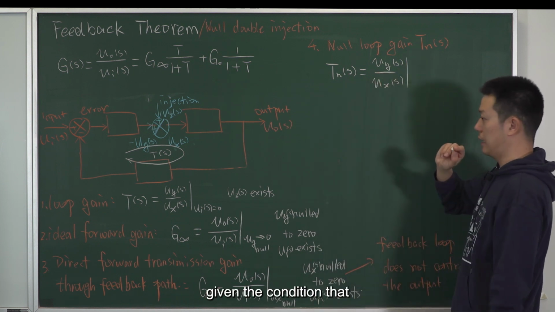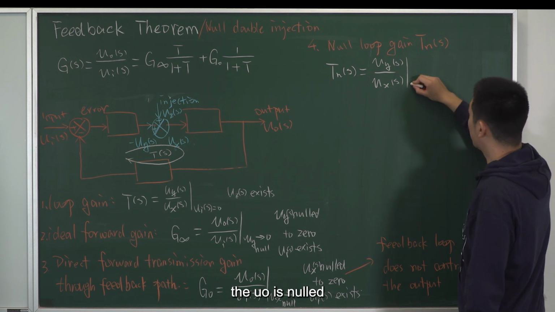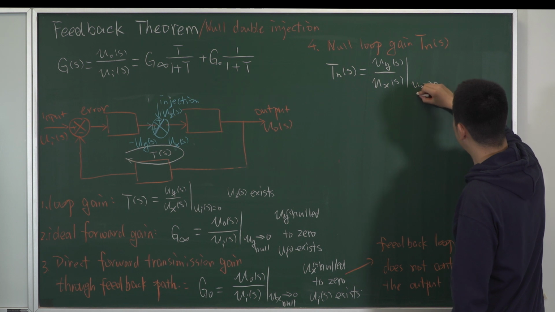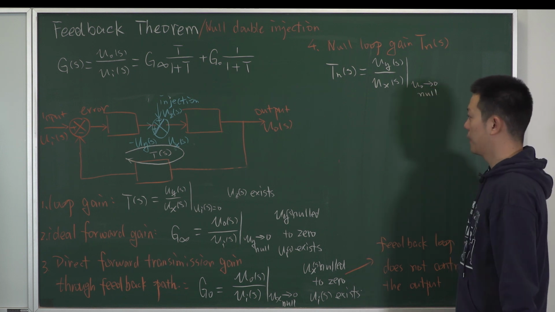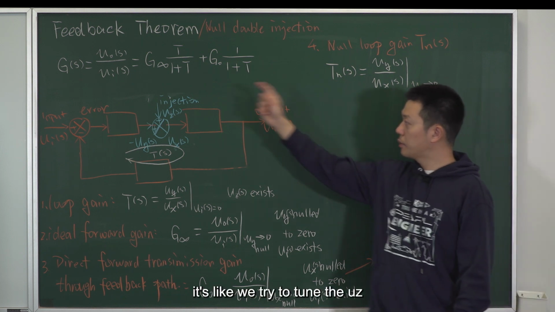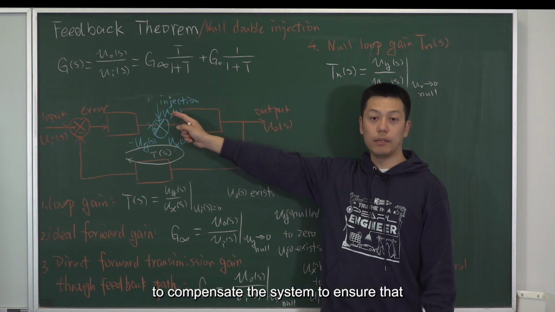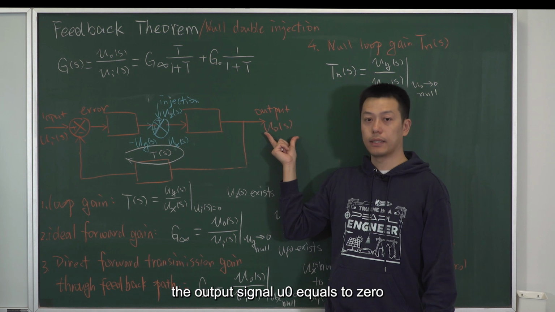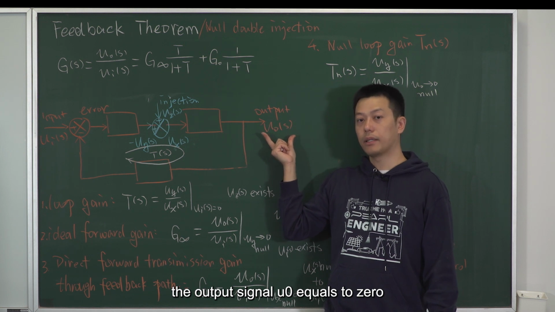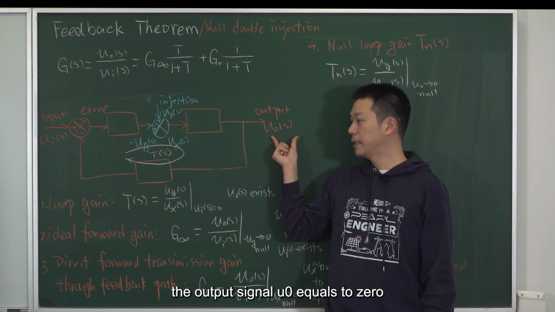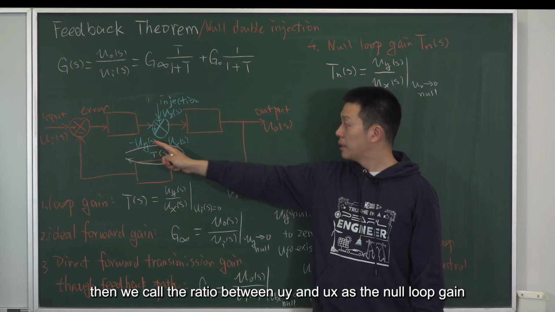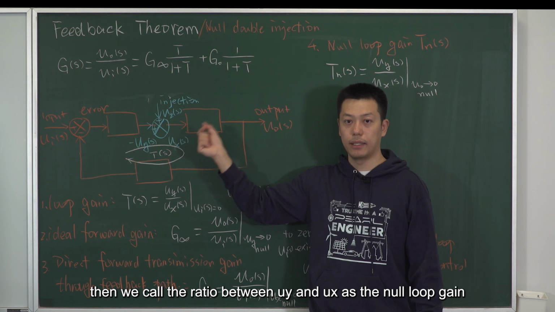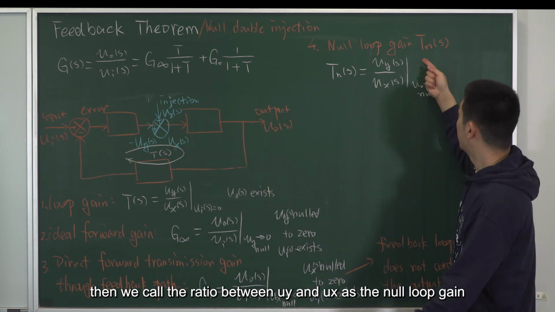Given the condition that Uo is nulled to 0. It's like we try to tune Uz to compensate the system to ensure that the output signal Uo equals 0, right? Then we call the ratio between Uy and Ux the null loop gain.